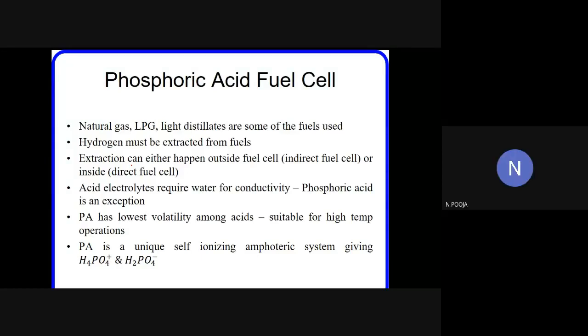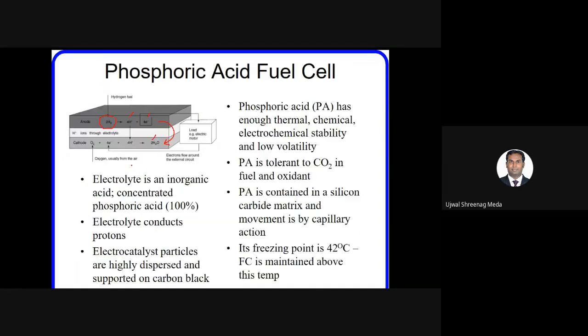Yes, sir. Okay. So I was talking about how the electrolyte is handled. A matrix is used, which is highly porous, and the liquid electrolyte is contained in it, and the movement of the electrolyte inside these pores is through capillary action.